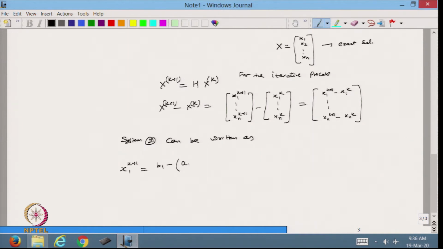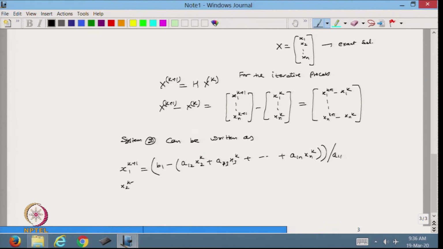Now what I do is take a12 x2(k) plus a13 x3(k), and in the last a1n xn(k), subtract them from b1, and then I divide by a11. So that is my first equation.